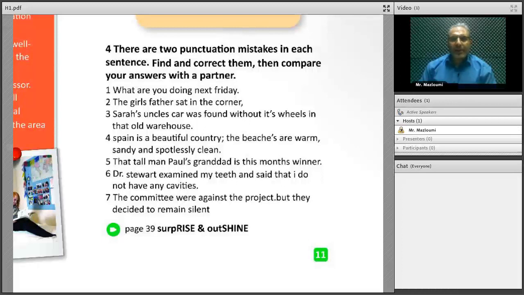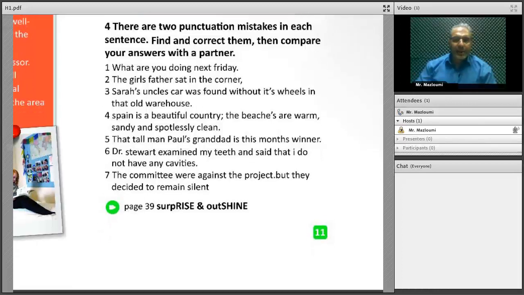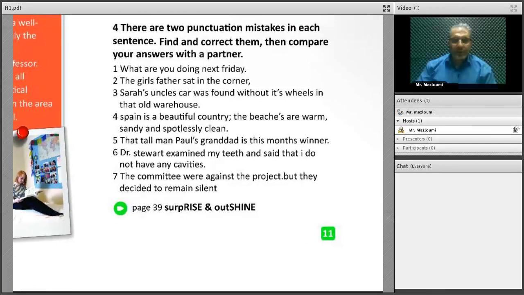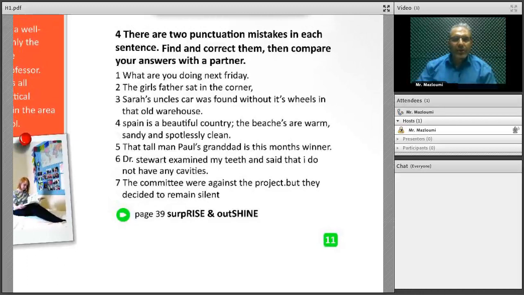Just give them a lot of practice. God willing, the next session will deal with page 39, a magazine page, plus the last page of Unit 1, that is page 12. All right, everyone. Until then, take care and have a good one.